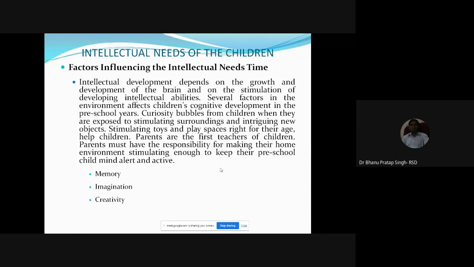And imagination also starts during this childhood age. He takes some examples and tries to connect with others through imagination. And every child is creative, and creativity should be developed at home as well as in school, because it leads towards the personality of the individual.